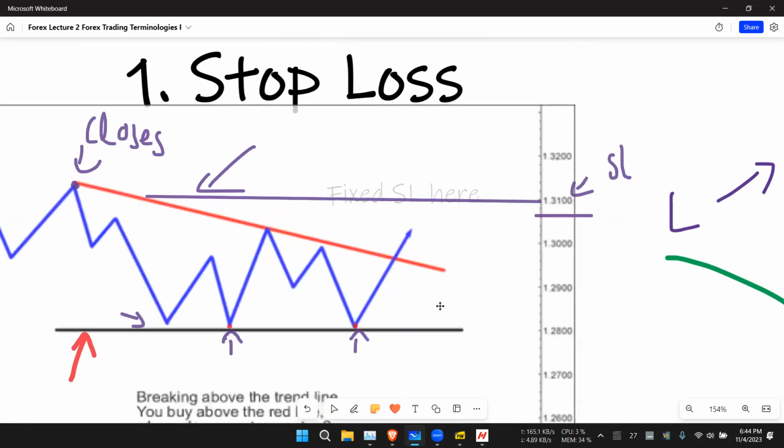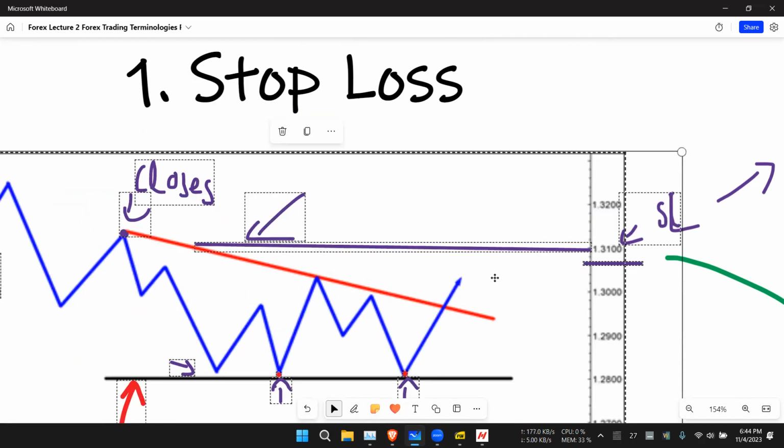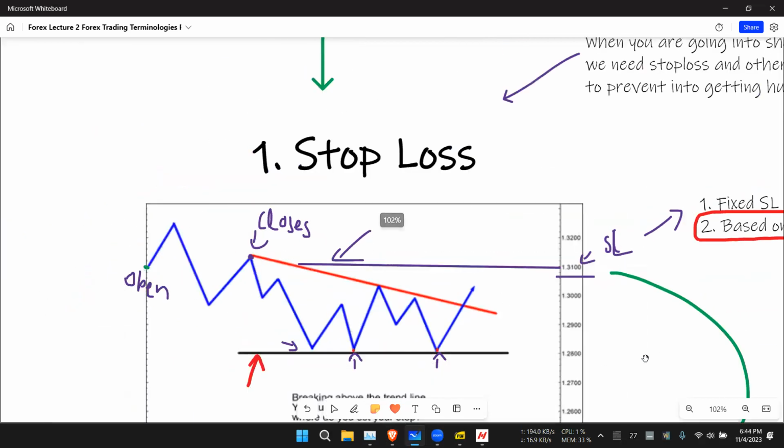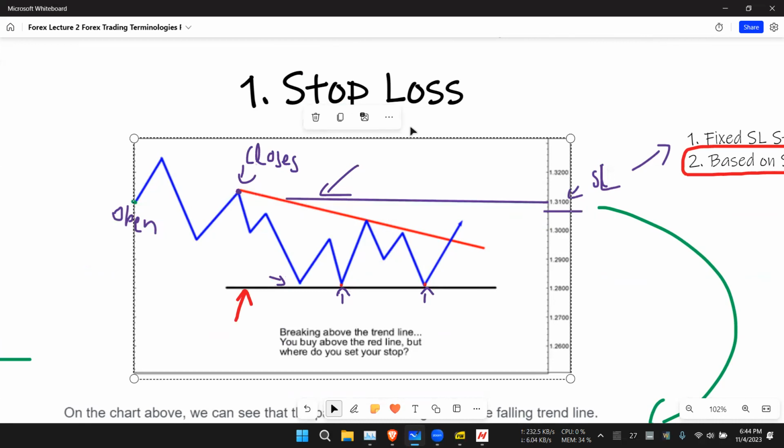A fixed stop loss can never be on the bottom. Only the base can be on the bottom. Stop loss majorly happens on the front side because we don't want to lose money. We want to save as much money as possible.